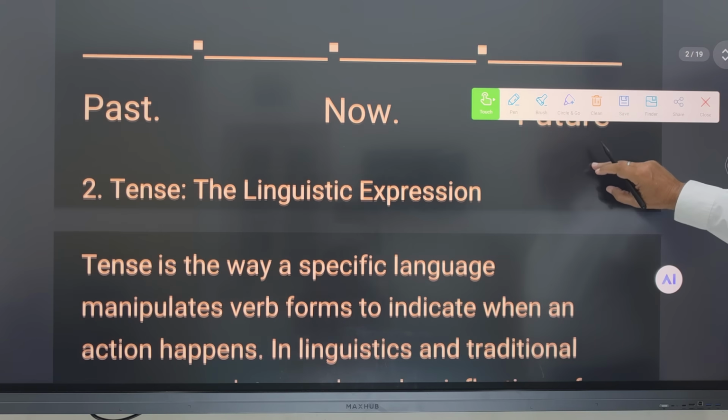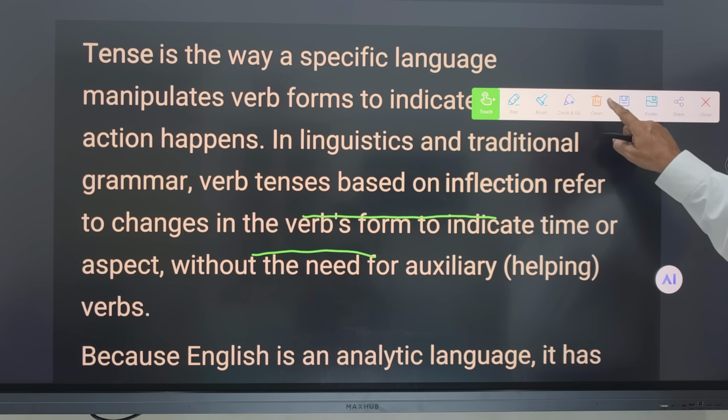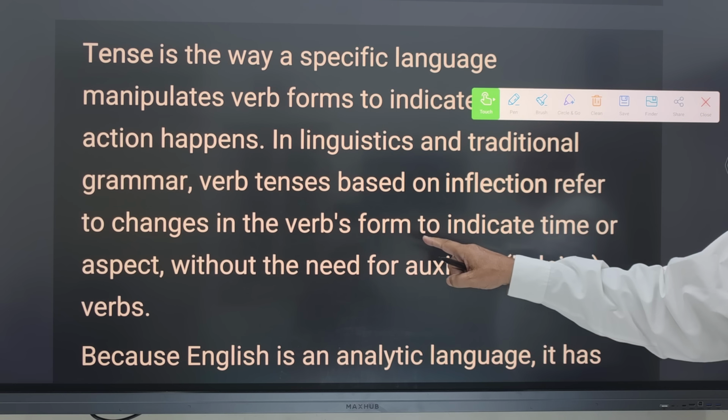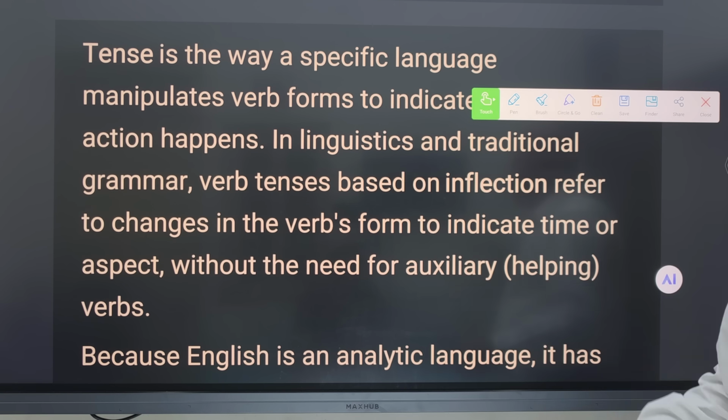In linguistics and traditional grammar, verb tenses based on inflection refer to changes in the verb's form. So what does it mean? We have to change the form of the verb to indicate whether something happens in present or was in past or is going to happen in future, to indicate time or aspect without the need of an auxiliary or helping verb.